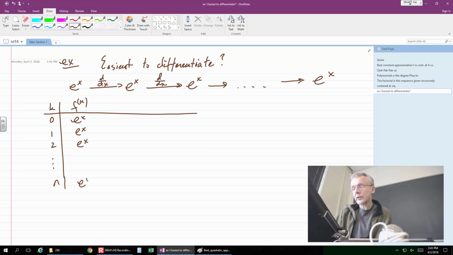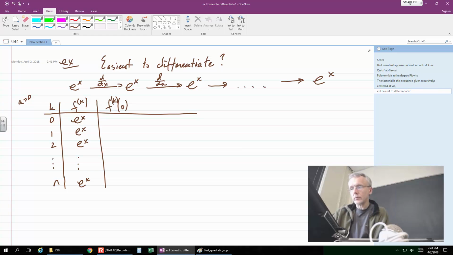After n differentiations, I still have an e to the x. Okay, then let's still center at 0, so a equals 0. Then I have f^(k) at 0. Once again, the derivative doesn't change, so that's not going to change either: 1, 1, 1, 1.